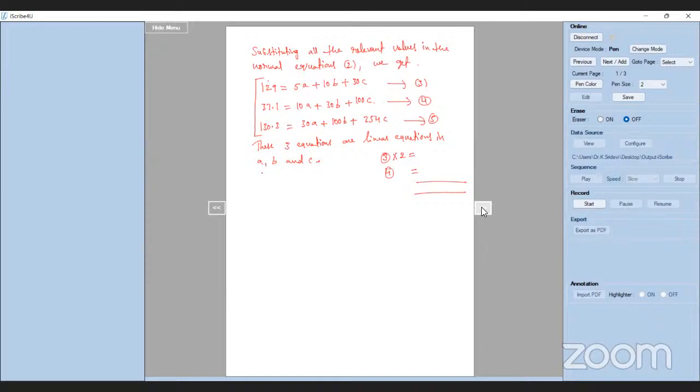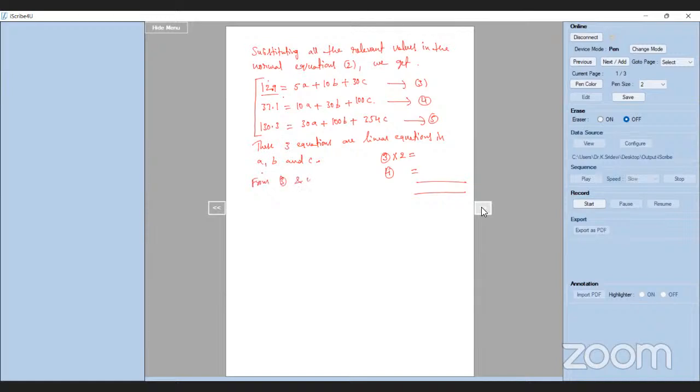After getting this, tell me. 12.9 into 2, what is it? 25.8.